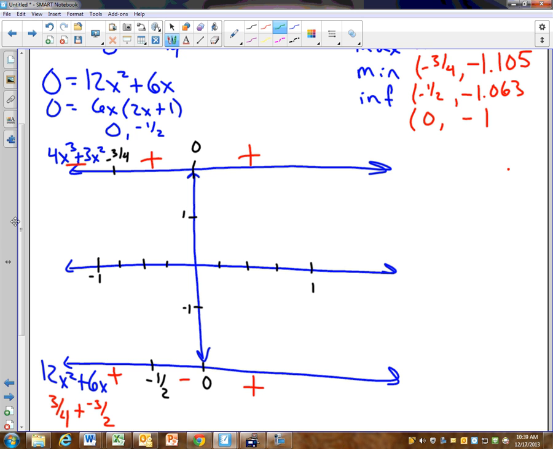Watch what happens. Minimum happens at negative 3/4, and I'm going to dip down a little bit further just so we can see it. And then we have inflection points at 0 and at negative 1/2, and somewhere in between those two values.